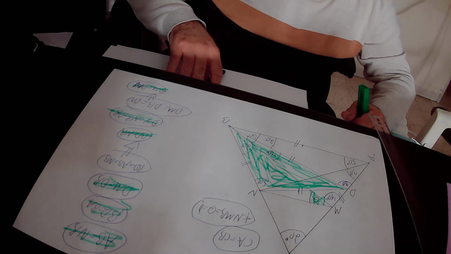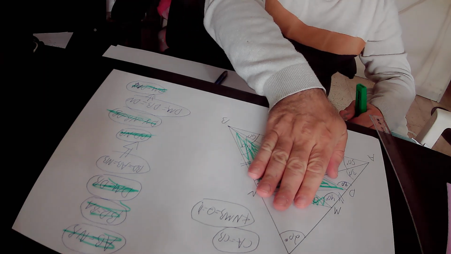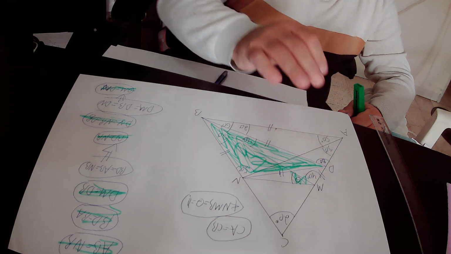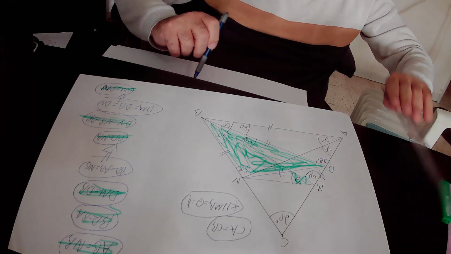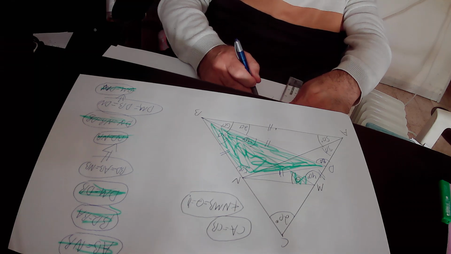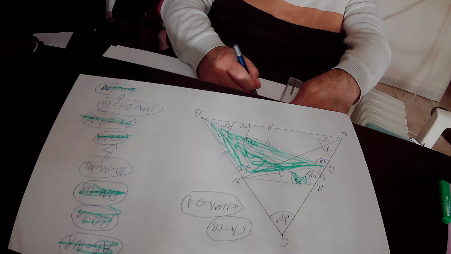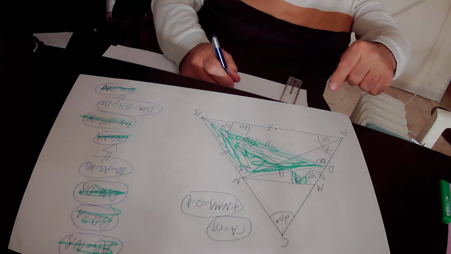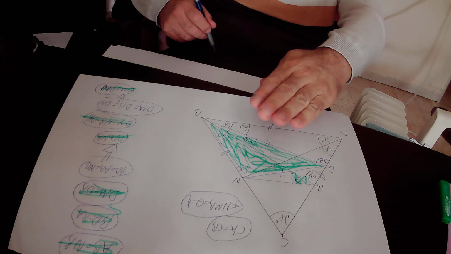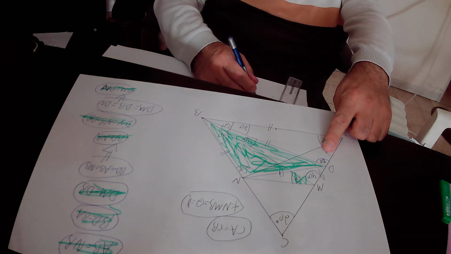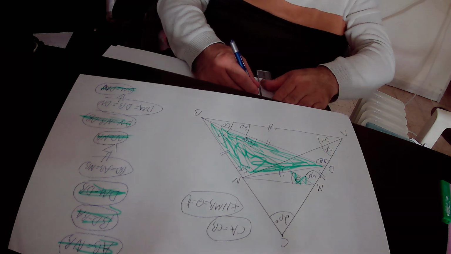In the next step, we'll focus on this side of the straight line CA at point D. Which angles do we have on this side of CA at point D? We have this angle that is equal to 80 degrees in its size.